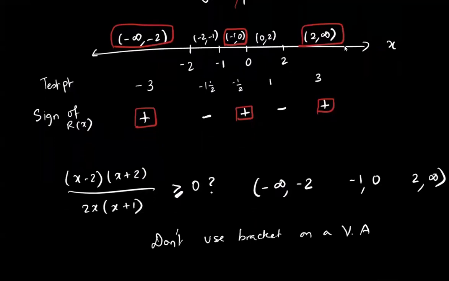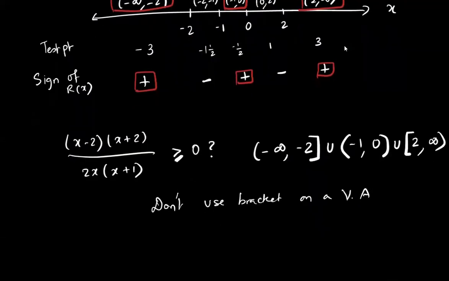Otherwise, it's parentheses all across the board. But here, my -2 is an intercept, so there goes a bracket. -1 is an asymptote, so parentheses. 0 is an asymptote, parentheses. 2 is an intercept, bracket. So this is the answer to this inequality question.